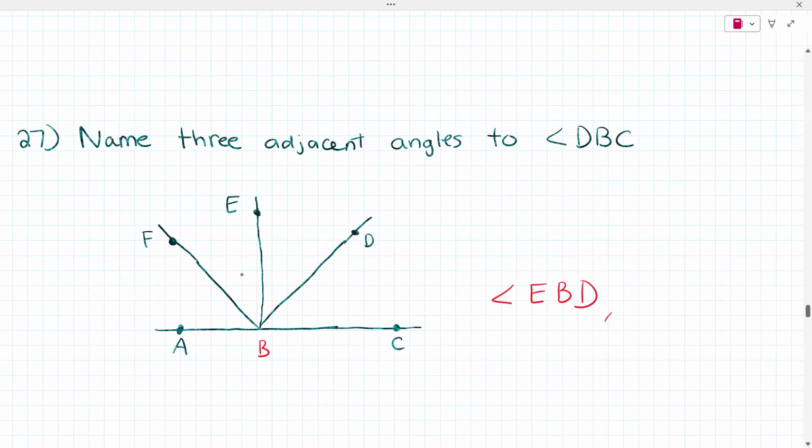Another angle would be angle FBD, and another angle would be angle ABD. So here's angle DBC. Three adjacent angles would be EBD, FBD, and angle ABD.